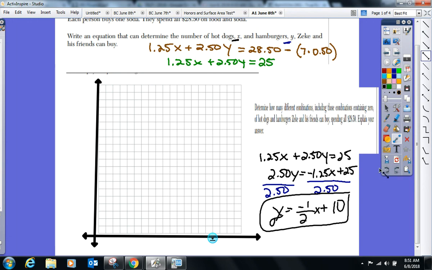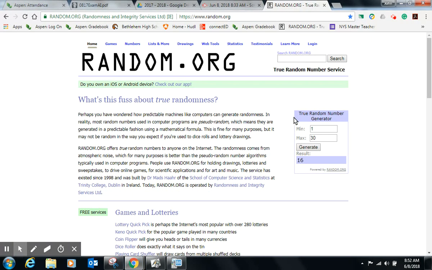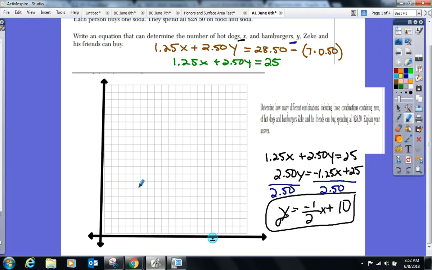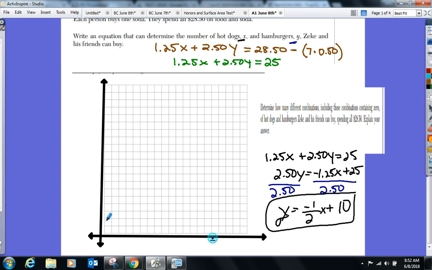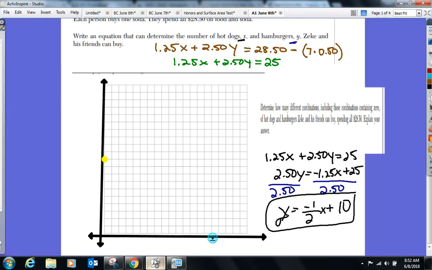That wasn't bad drawing in the lines, not going to lie. Okay, what's the first point I can plot? If you want to use your table on your calculator, you can. I don't have time for that now. What's the first point I'm going to graph? 0, 10. So I go 1, 2, 3, 4, 5, 6, 7, 8, 9, 10 right here. There it is, 10. And then from here, where am I going?